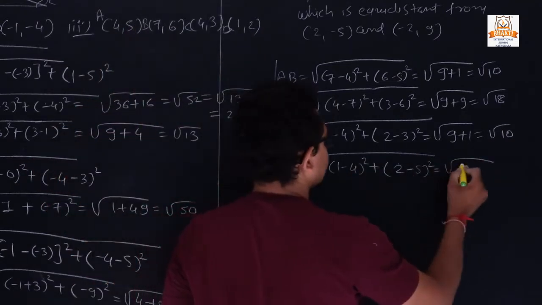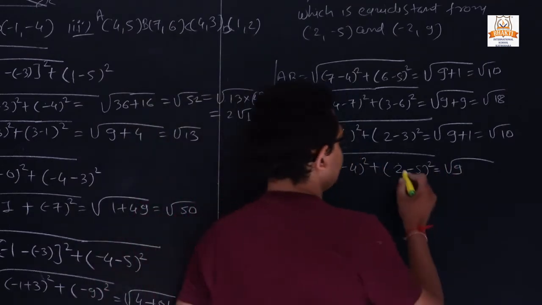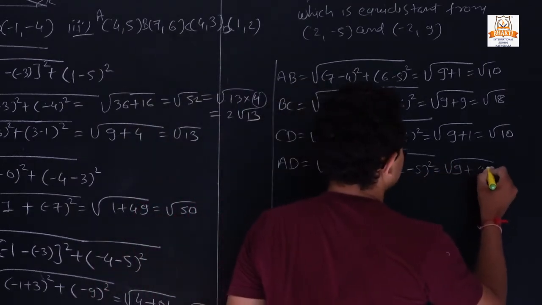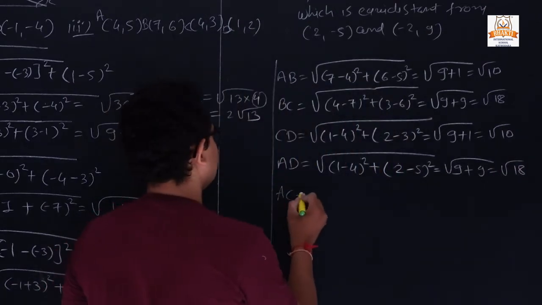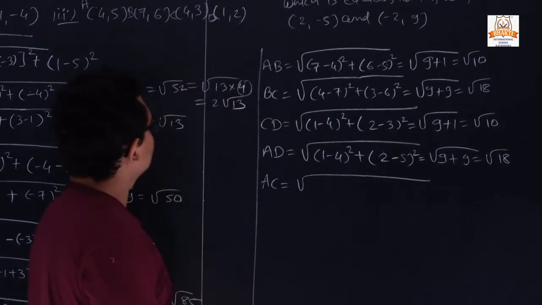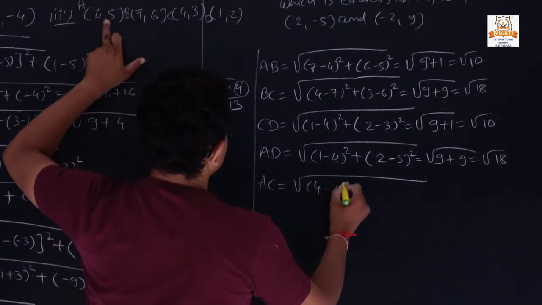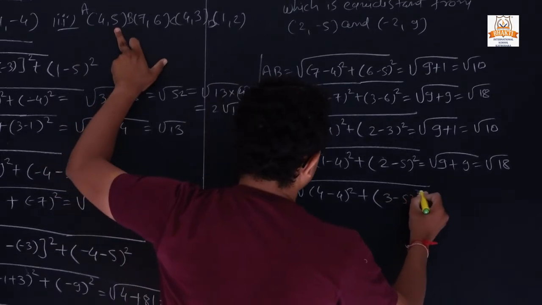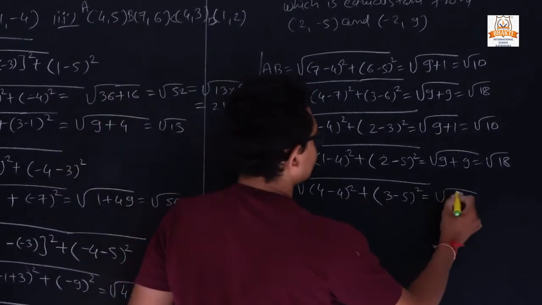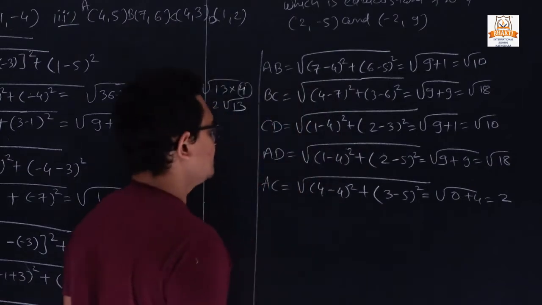So minus 3 square, it is 9. Once again minus 3 square is 9, so it is root 18. We can also check its diagonal AC. So 4 minus 4 is 0 and 3 minus 5. So 0 square is 0, 2 square is 4. So answer it is 2.